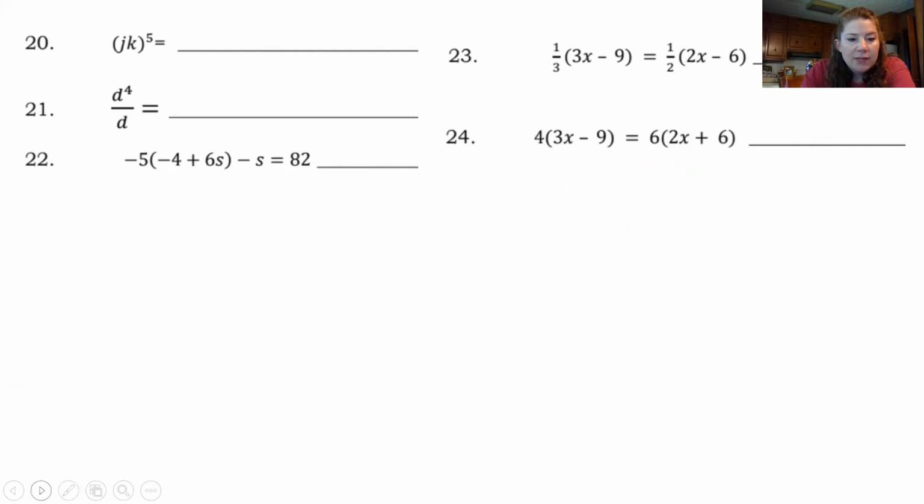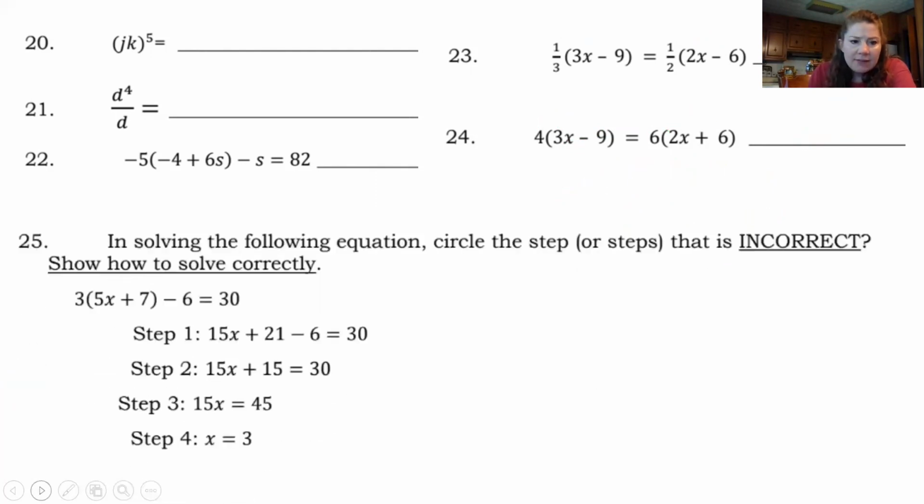All right, moving on, everybody. In solving the following equation, circle the step or steps that is incorrect. So the first step would be to say 15x plus 21 minus 6 is 30. So this is right. So my next step would be to combine like terms, right? So 21 minus 6 is 15.